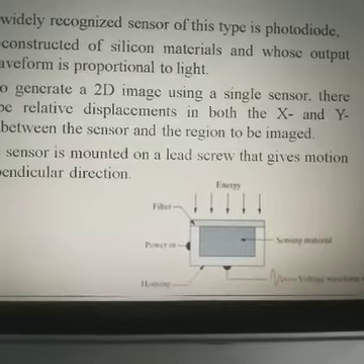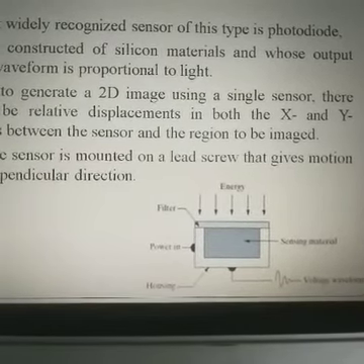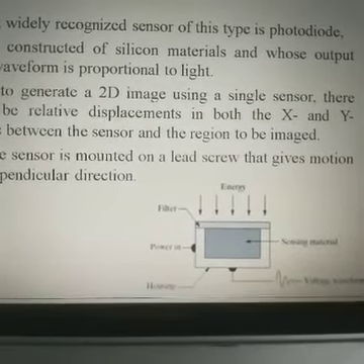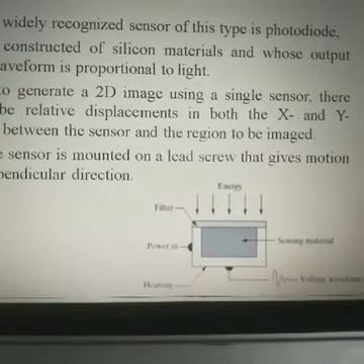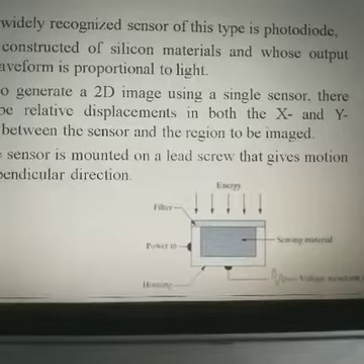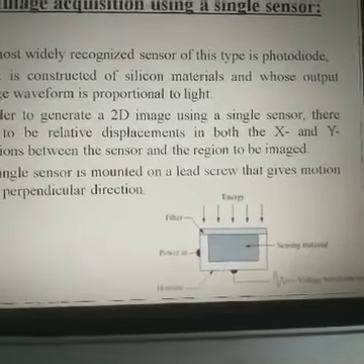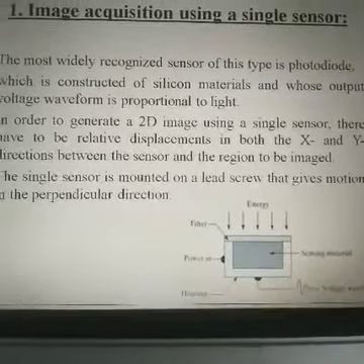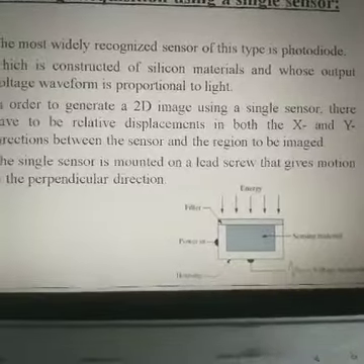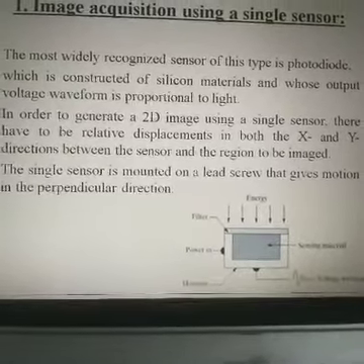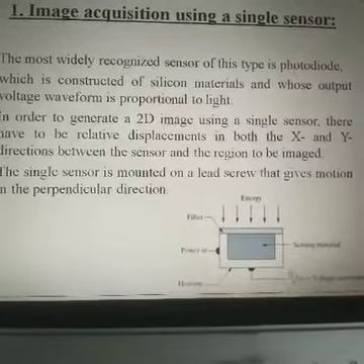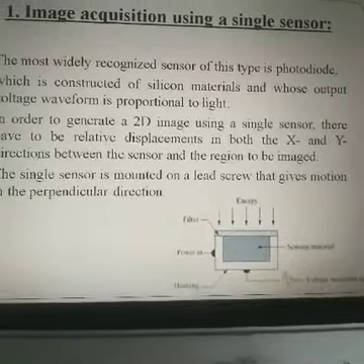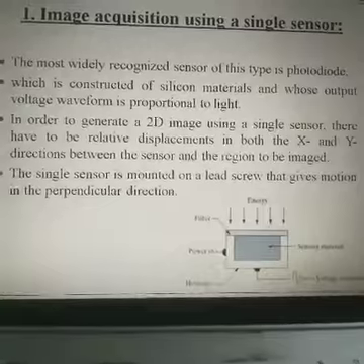For example, when a red color filter is applied on the image, the reflection of that object is different, so it filters that image at the sensing material. So it may generate a two-dimensional image by displacement along both the x-axis and the y-axis. When the power is on, the region is imaged in the presence of the energy. The single sensor is mounted on a lead screw that gives the motion in the perpendicular direction.